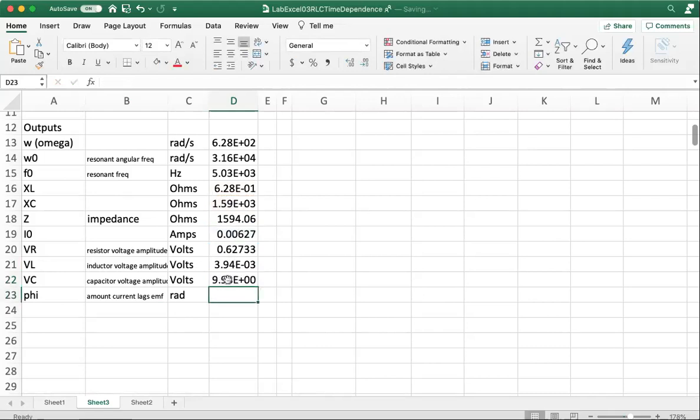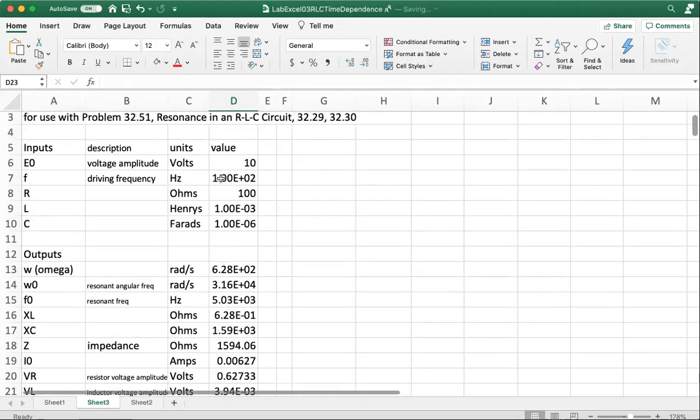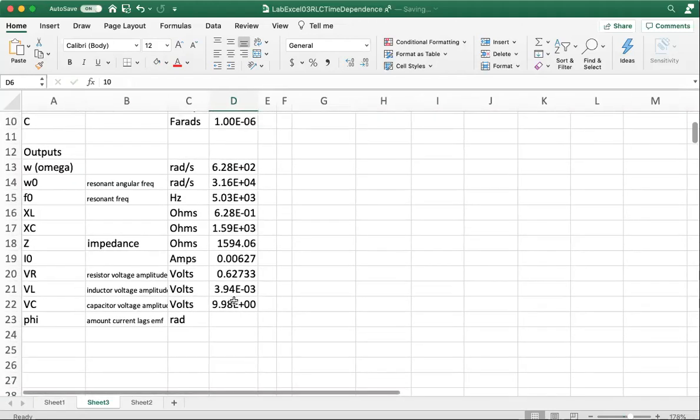Why is that almost 10? Well, the EMF amplitude itself is 10. In the extreme capacitive regime, almost all the voltage is across the capacitor.